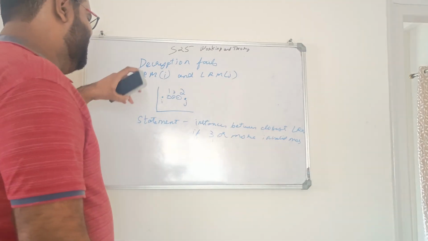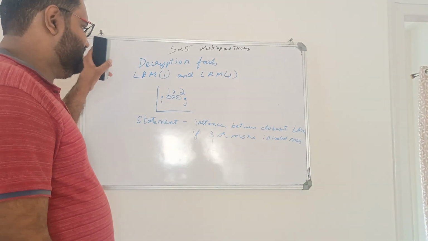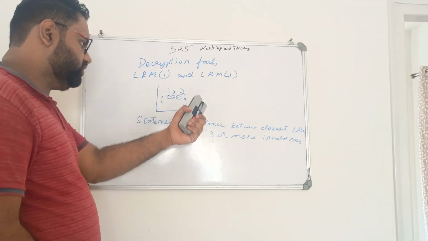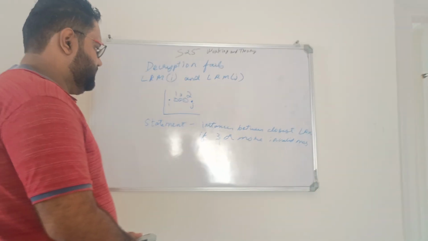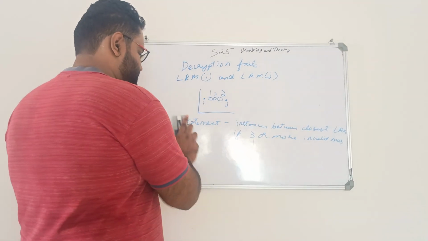Of course, there is always a chance that it can pass, but there is a chance that it can fail. And of course, the more points we have, the more chance of failing occurs.